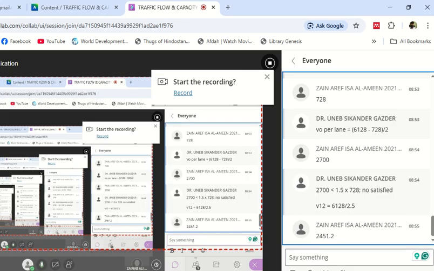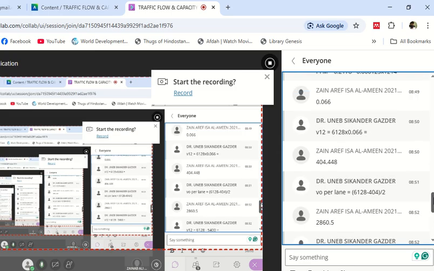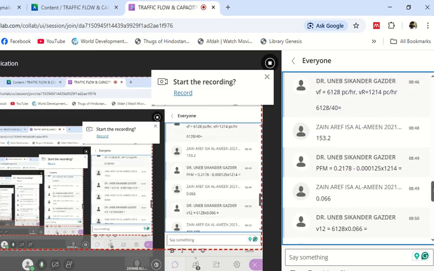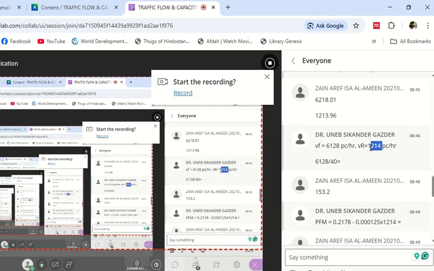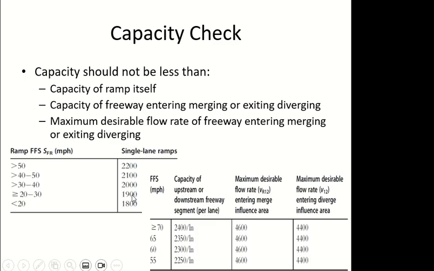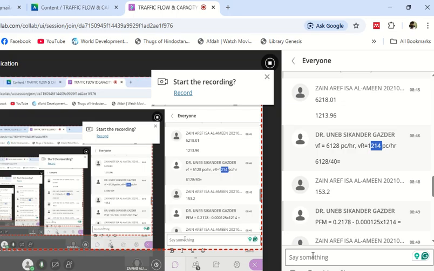The flow rate on the ramp, you calculated earlier, not the volume which is given, the flow rate. The flow rate is 1214 and the capacity is 2000. So ramp capacity check satisfied.